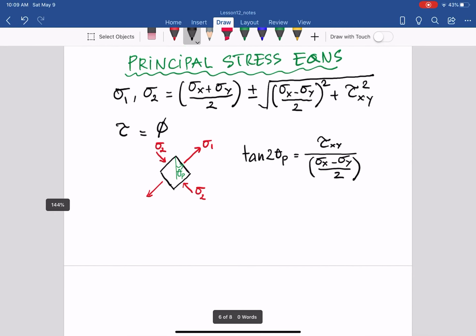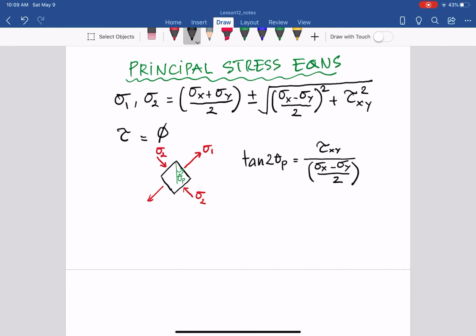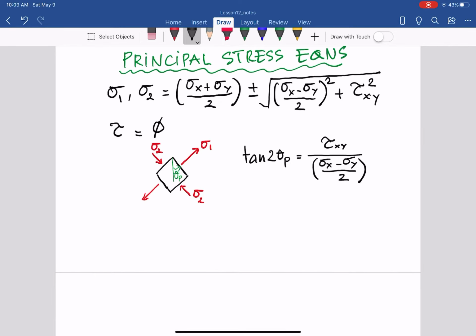Let's go to the last summary. We find the maximum normal stress and minimum normal stress at that location, where tau equals 0. Now we also want to know which plane has the maximum shear stress.